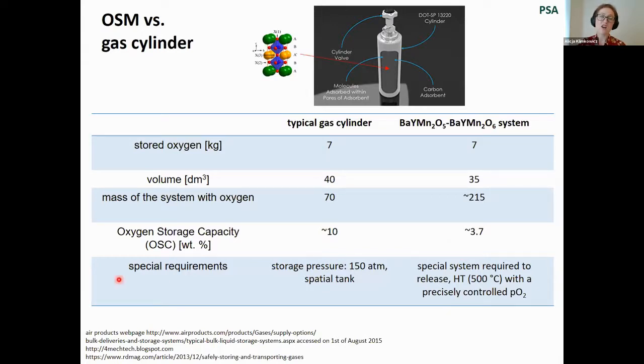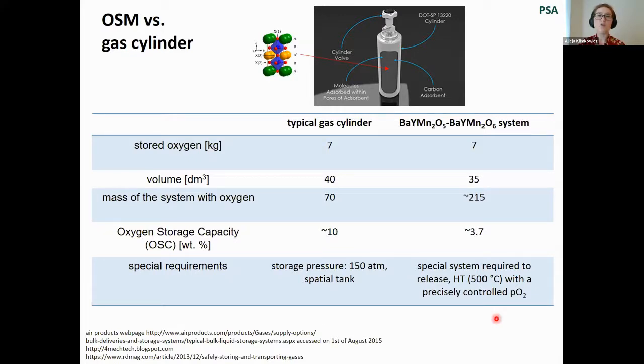Further, there are some special requirements for storing the oxygen using the oxygen storage material. But there are some advantages because, for example, we don't have to stick to the shape of the gas cylinder. We can utilize many shapes, right? But this table actually shows you that for storage of gas, it's a little bit tricky using oxygen storage materials.